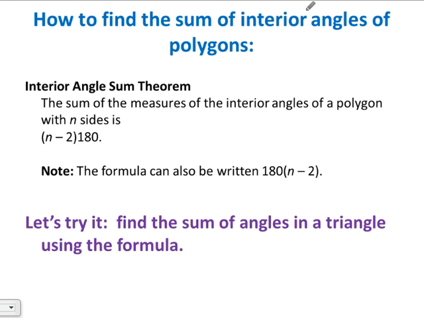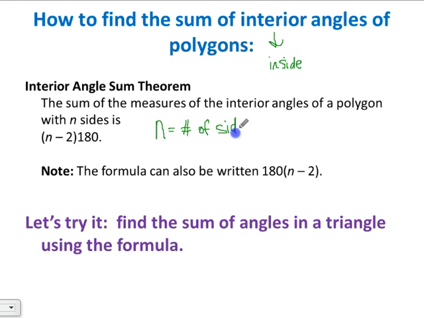You are going to be looking at some formulas that help you find the sum of interior angles of polygons. Remember, interior means inside, so if you add up all the inside angles, those would be the interior angles. The interior angle theorem states that the sum of the measures of the interior angles of a polygon with n sides is, so remember n represents the number of sides.